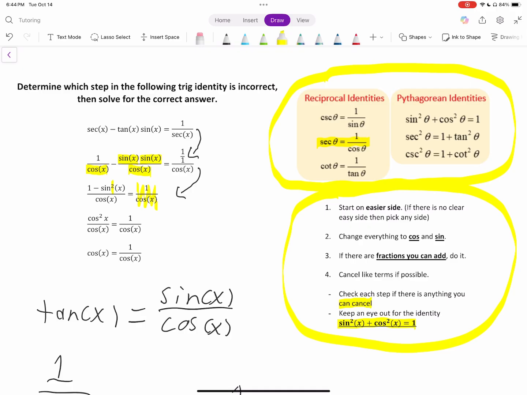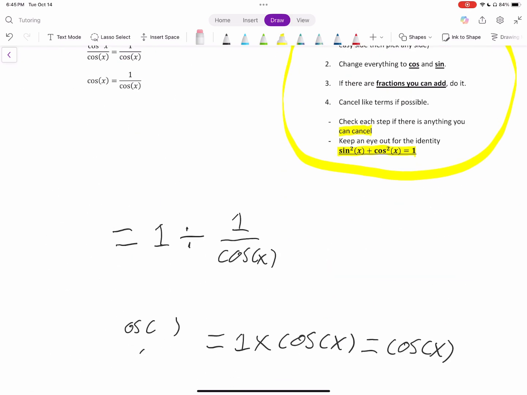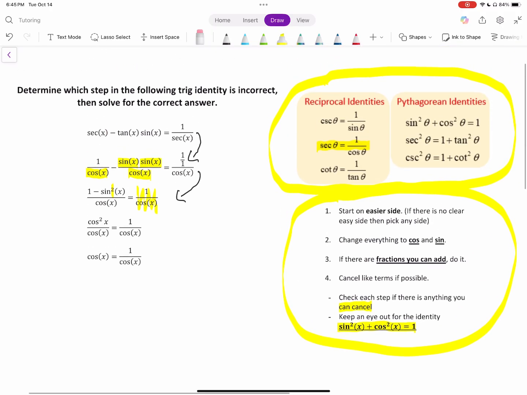They go from 1 minus sine squared x over cos x to cos squared x over cos x. So how did they get from 1 minus sine squared x to cos squared x? So if we go back to our rules here, let's make some space. And if we look at our little thing to keep an eye out for, we said at the very start, let's keep an eye out for our sine squared x plus cos squared x is equal to 1.